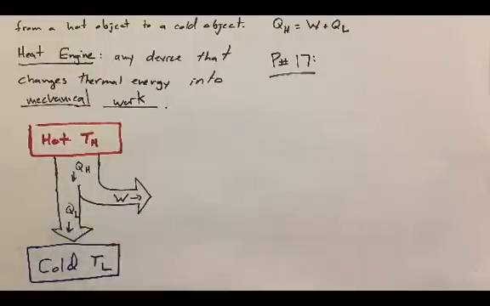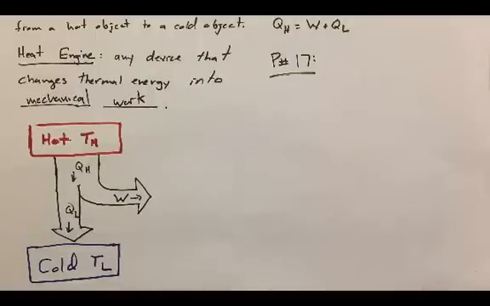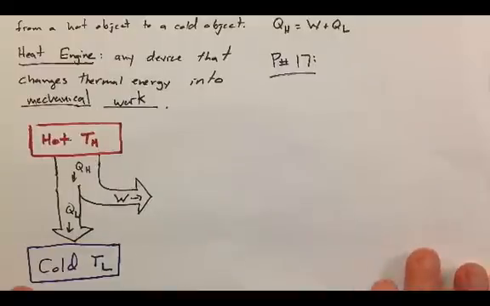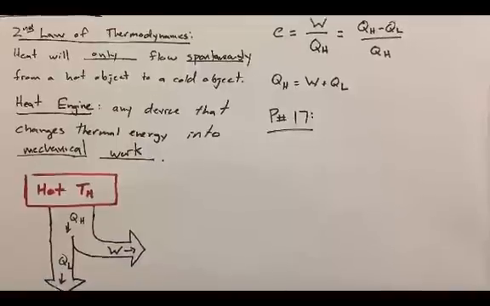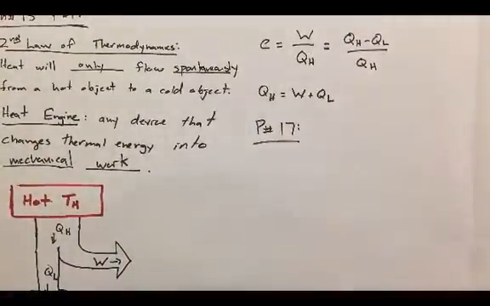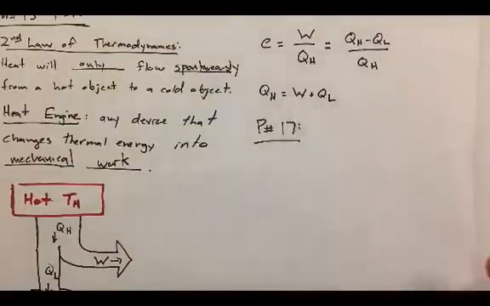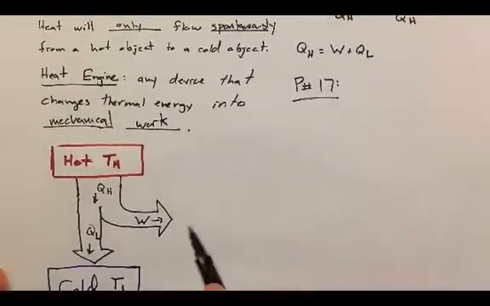So the efficiency of this system is defined by this. The efficiency of a heat engine you can think of as being the percentage of the heat that gets turned into work. All right. Right now, the way I have this drawn, it looks like the efficiency would be approximately 50%. So about half of this heat that's flowing gets turned into work. All right.